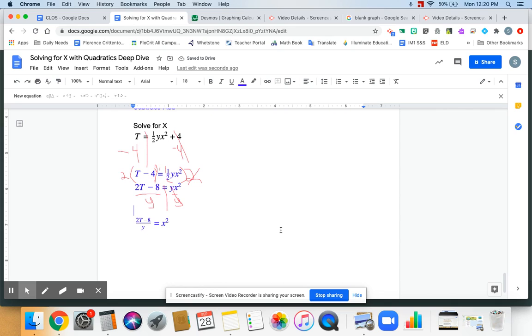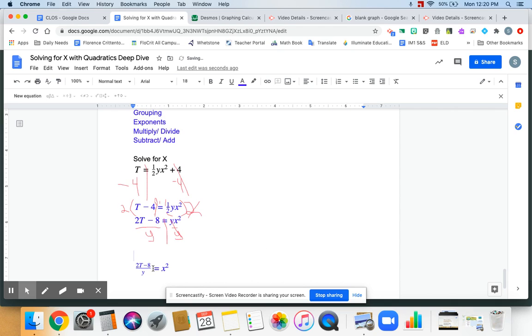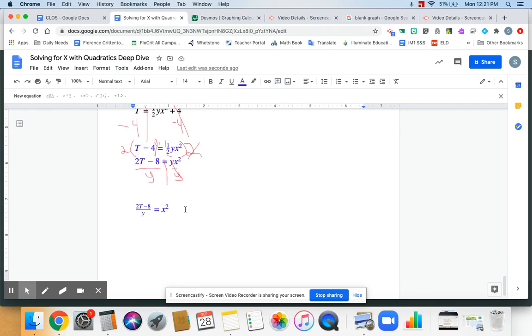And finally, to finish this one up, I have nothing else being multiplied or divided to x, but I do have it being squared. And exponents is my next weakest thing. So how do I undo the squared? What's the inverse of squaring? Square roots. So taking the square root of this side will make the squared cancel.